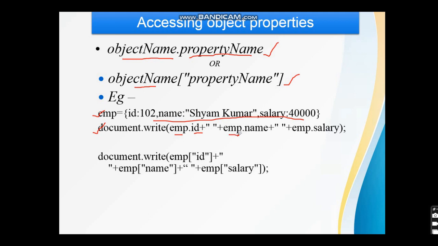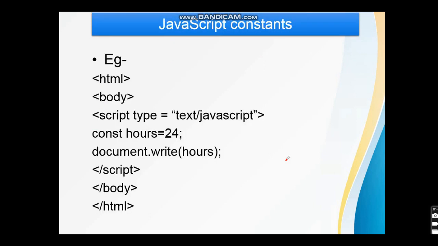Similarly, emp is the object, dot, name is the property of your employee object. And the other method is this. You can try both methods once you try the example by yourself. Okay, this is the example.